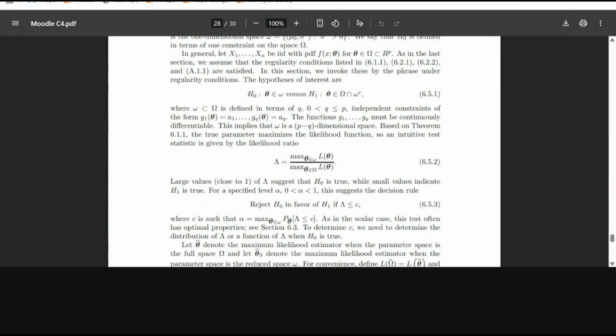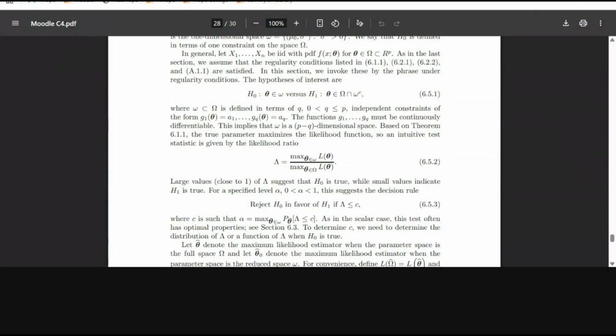So when you intersect a smaller set, you get the smaller set. What we are basically saying is that the statement under the null and the statement under the alternative partition your parameter space into two disjoint sets, and together, the union of the set stated under the null and the set stated under the alternative gives you everything. So that has to be clear.